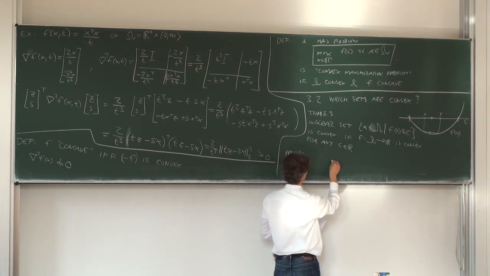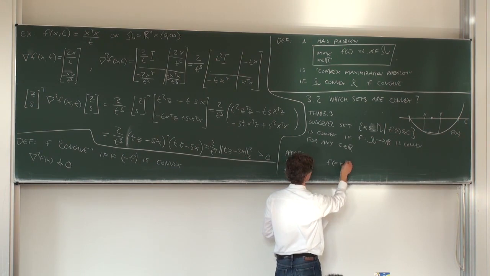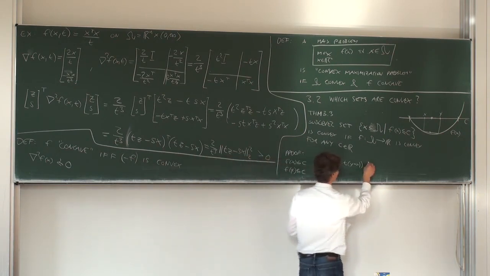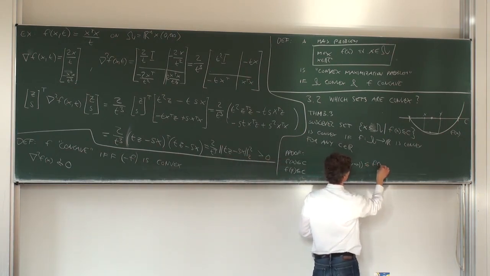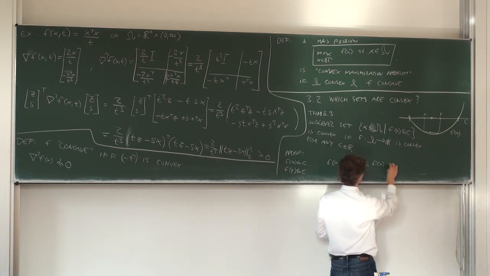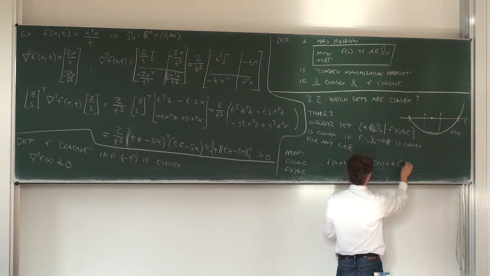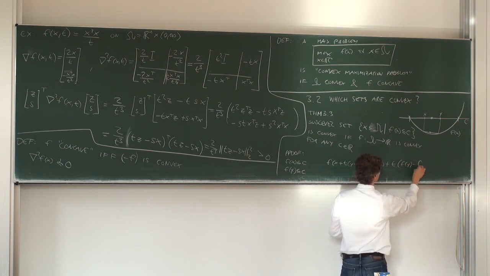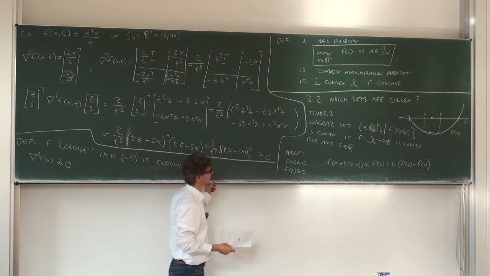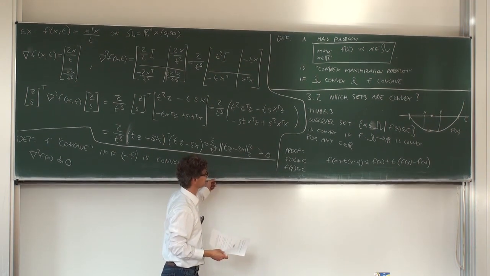Let me just see. What is the function value at f of x plus t times y minus x? It is smaller because we have a convex function: f of x plus t times f of y minus f of x. That's what we know due to convexity.